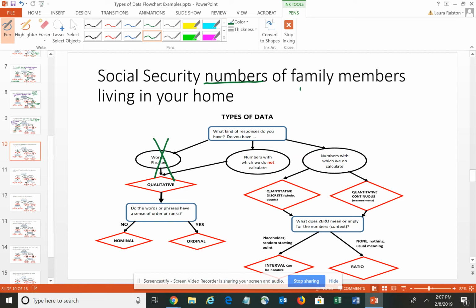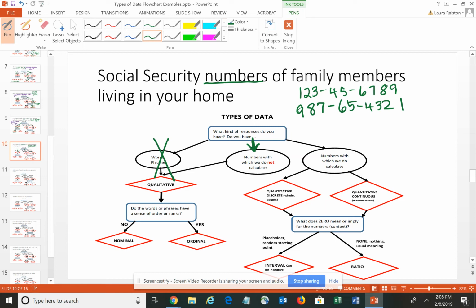If you have 1, 2, 3, 4, 5, 6, 7, 8, 9 as a social security number, and maybe we had 9, 8, 7, 6, 5, 4, 3, 2, 1, we've got two social security numbers there, but are we going to add those together? Are we going to subtract them? That kind of stuff. No, we don't normally calculate with social security numbers.